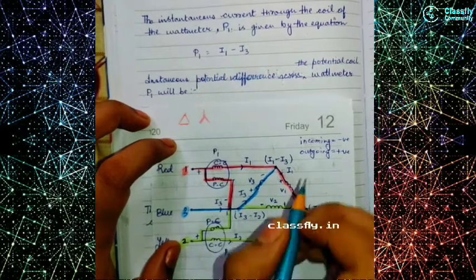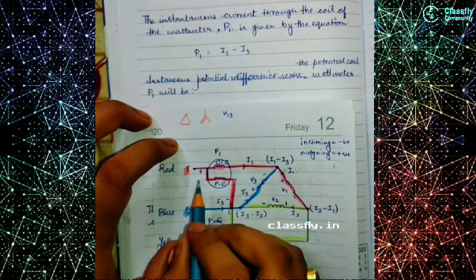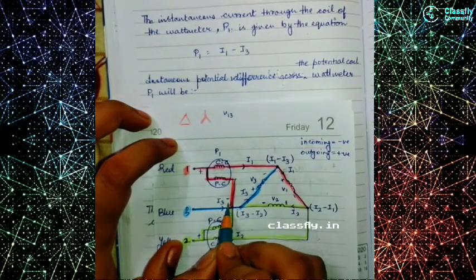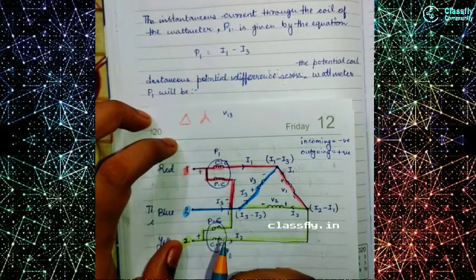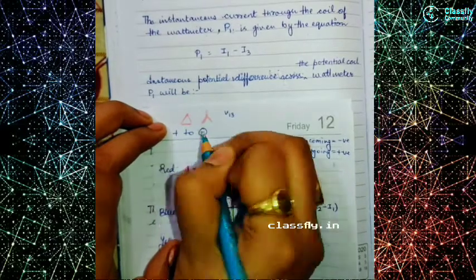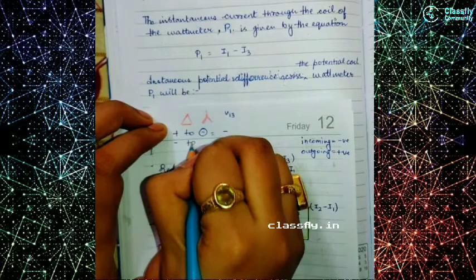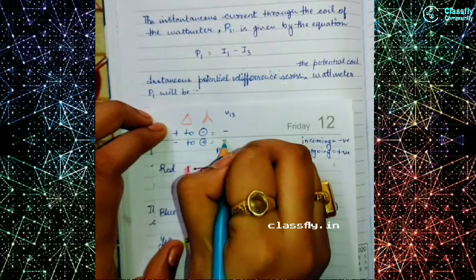As we know, going from positive to negative it will be negative for KVL, whereas from negative to positive it is positive.